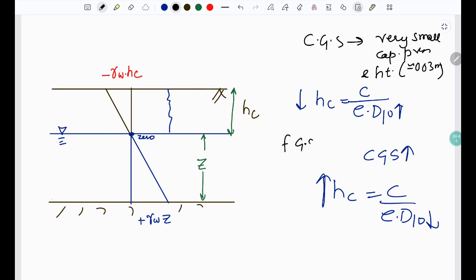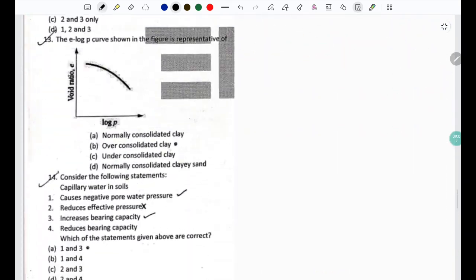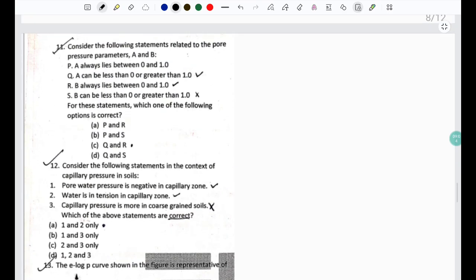And for fine grain soil, we have higher capillary pressure, and the height of capillary rise is from 1 meter, it can go up to 10 meters. Hence the first and second statements were right in the question. The first and second were right, but the third was wrong, so the correct answer is 1 and 2 only.